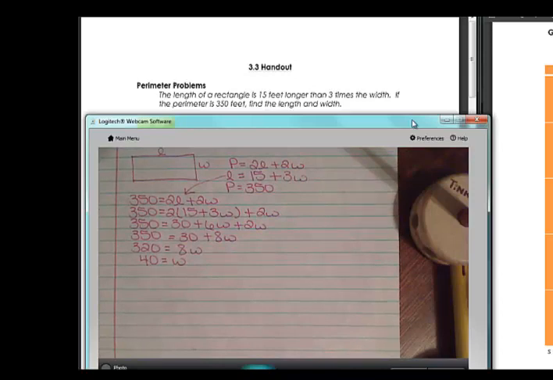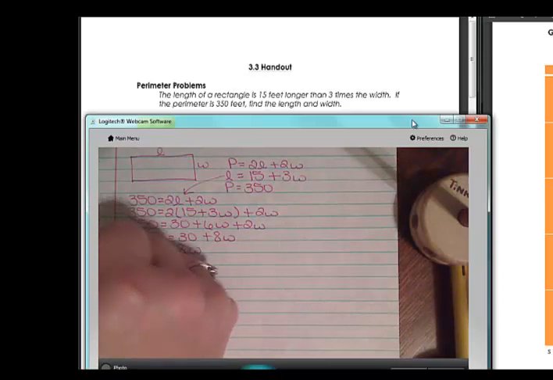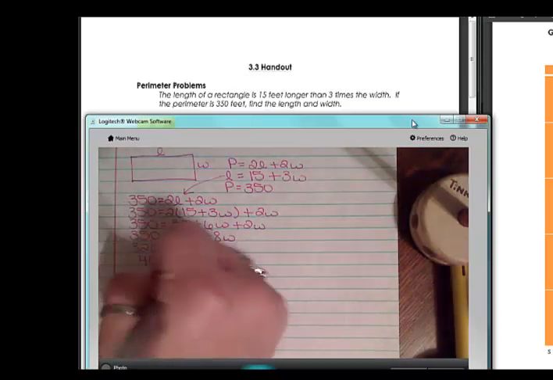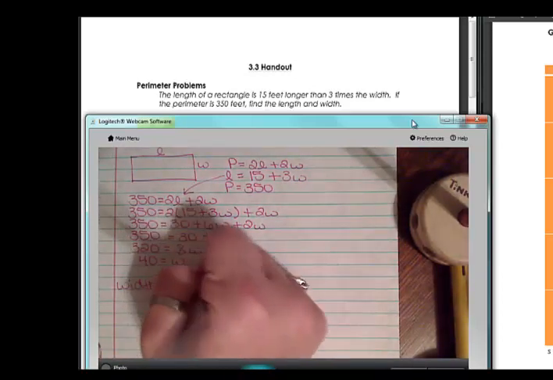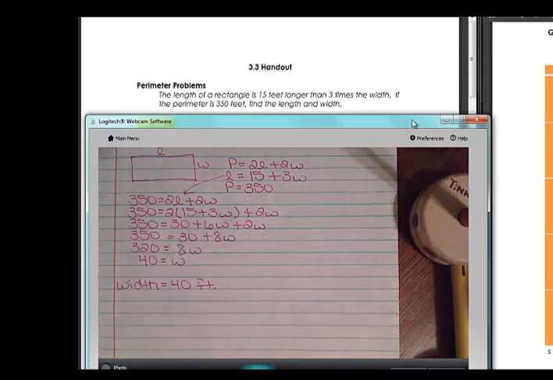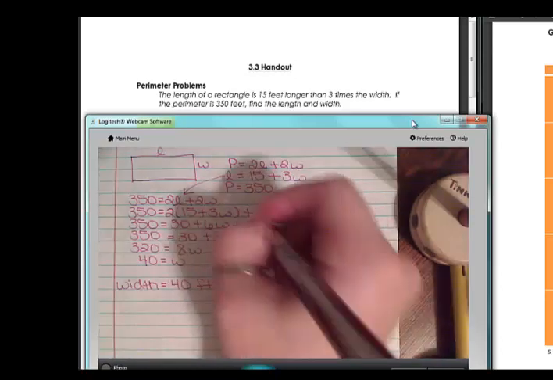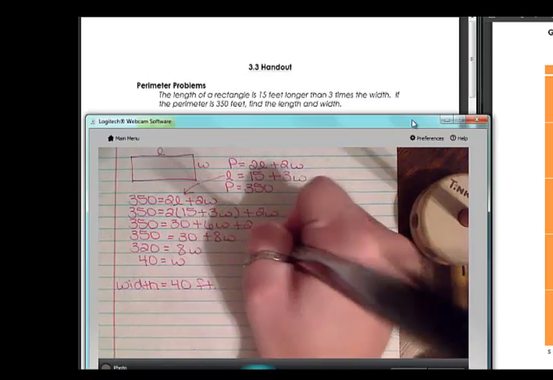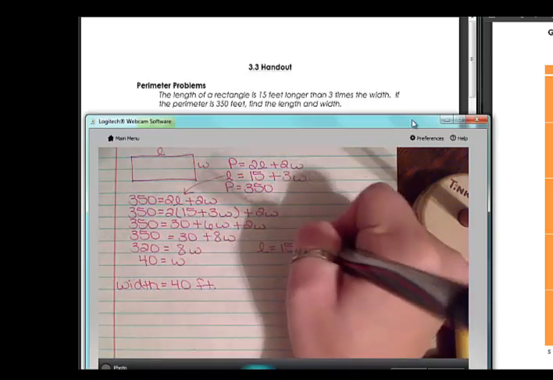Once you do all that, you should get 40 equals W. So that means our width is 40 feet. Okay, so that's half of it. But if we know what our W is, we can plug that in to our length equals 15 plus 3W.